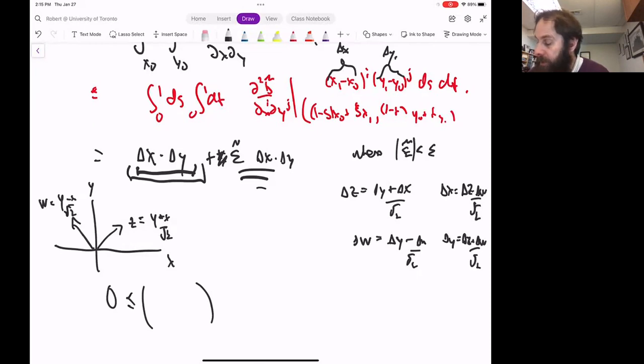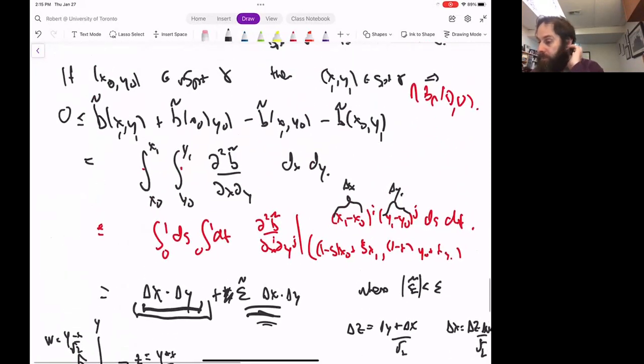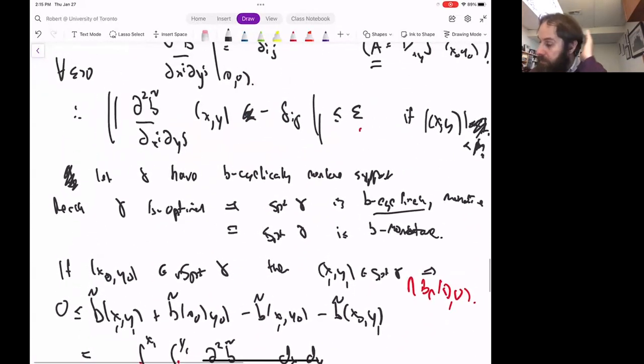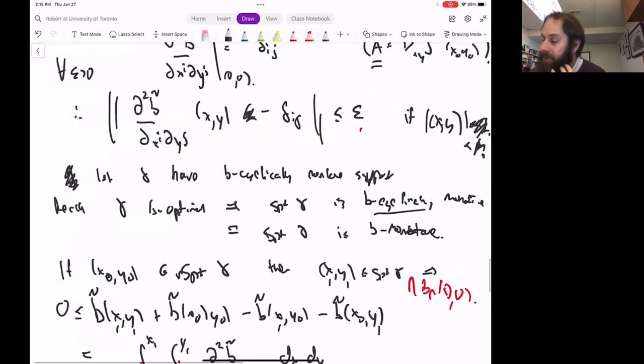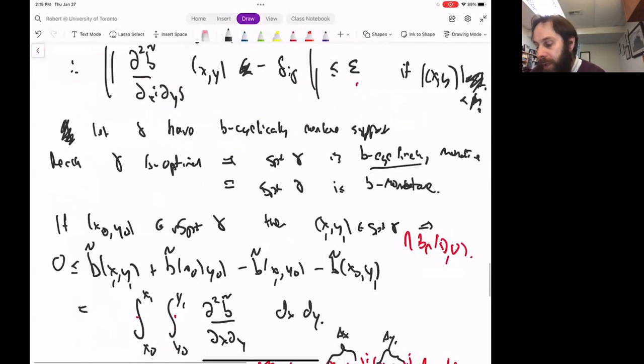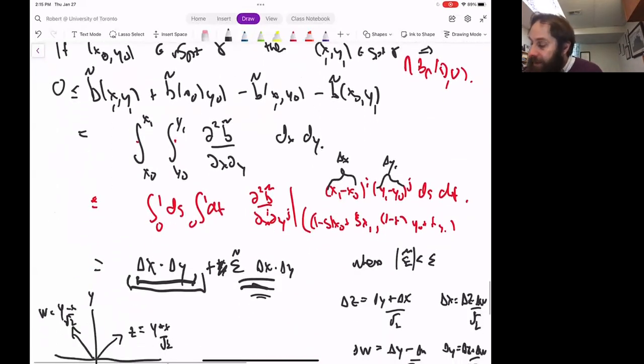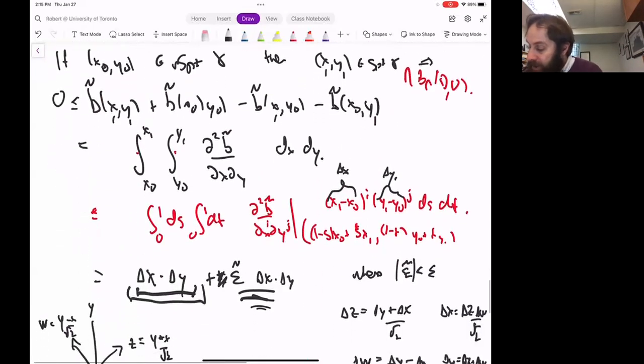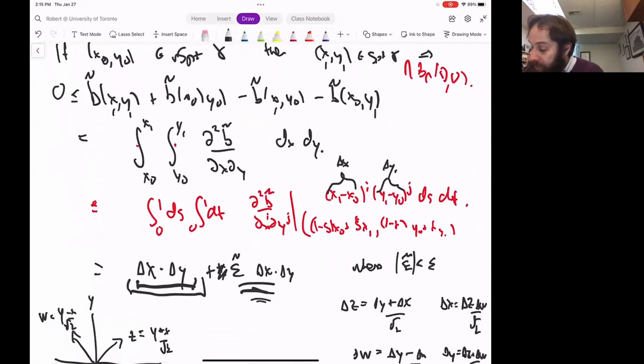Actually, I'm not quite so happy with the way I've written the error term here. What do I really mean? I really just mean that I can make, sorry, yes, I haven't written it correctly. It should be epsilon times, right, there we go. That's better.